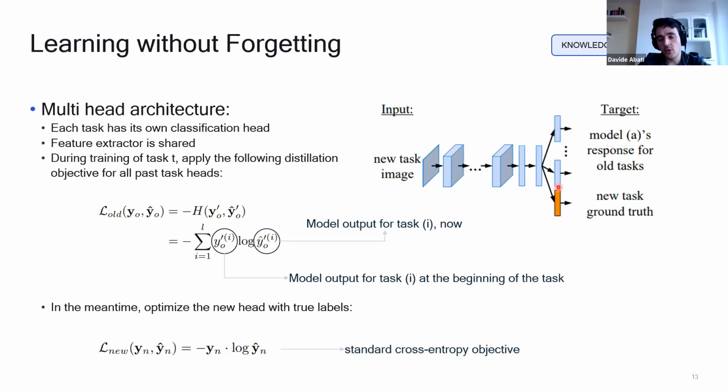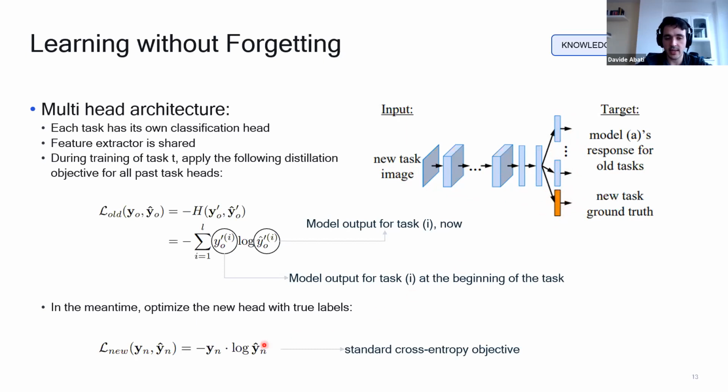So new data becomes available, right? Actually, before starting training, you will record, for all the past classification heads, the responses over the new data that you have available for training.